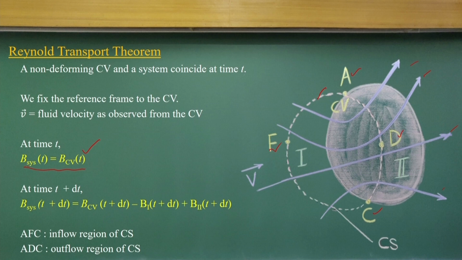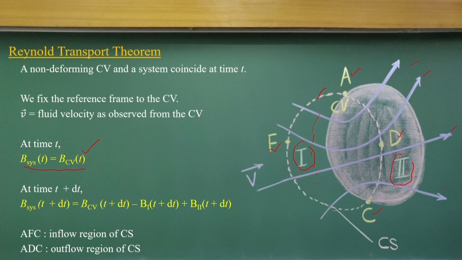Now, I can define this into 3 different spaces: the space defined by this part I can define as I, this can be II, and this can be used as the control volume space, which is the space occupied by the system at the t time as well as the system at the t plus delta t time. So, I have defined these regions into 3 parts.